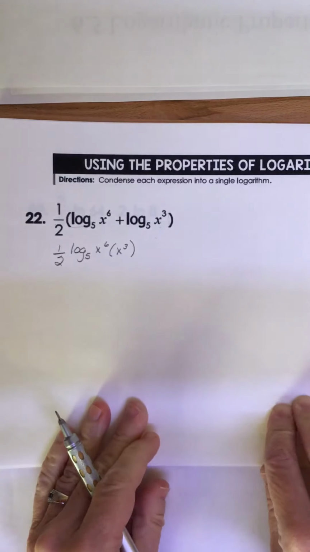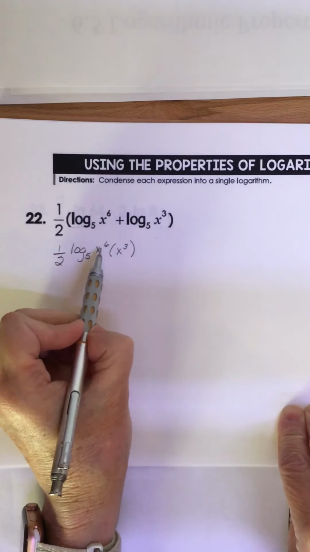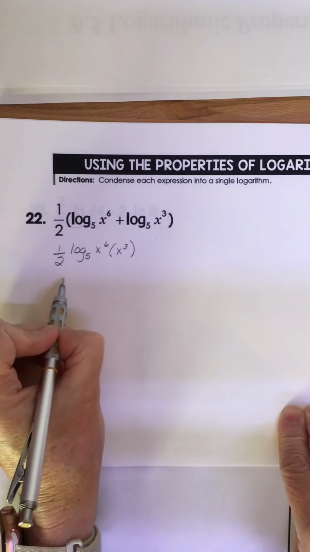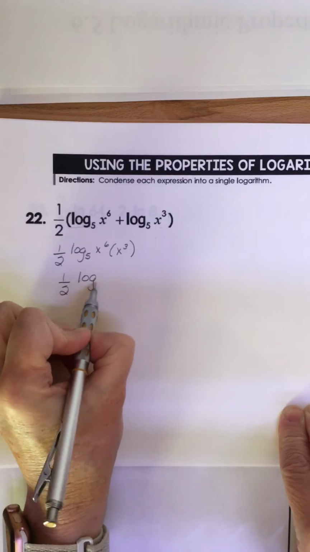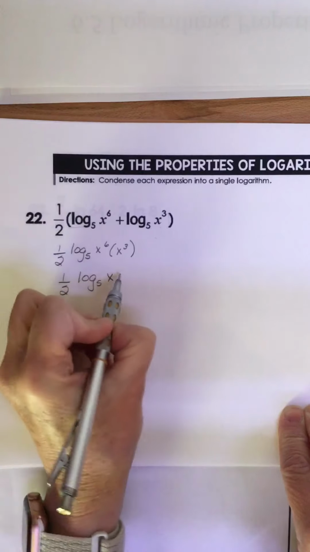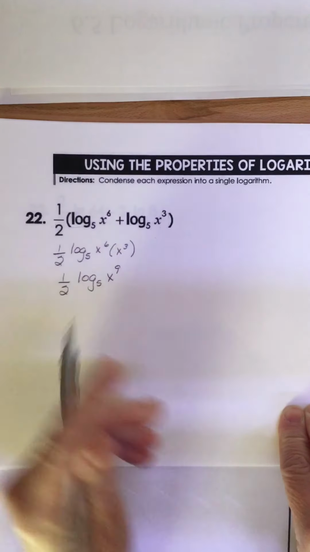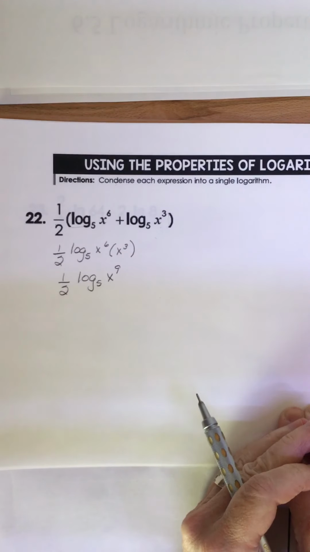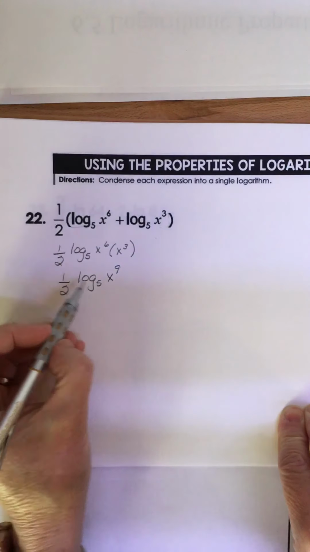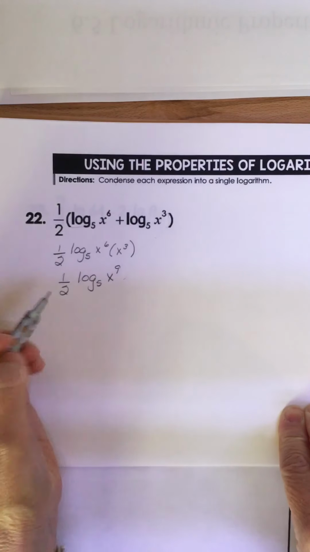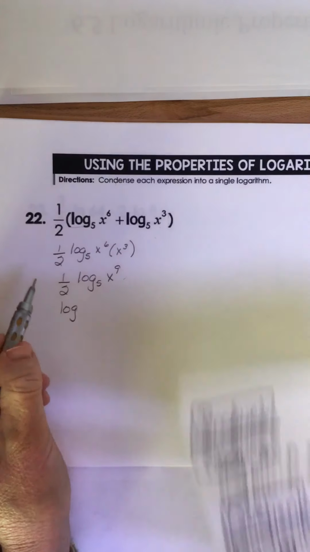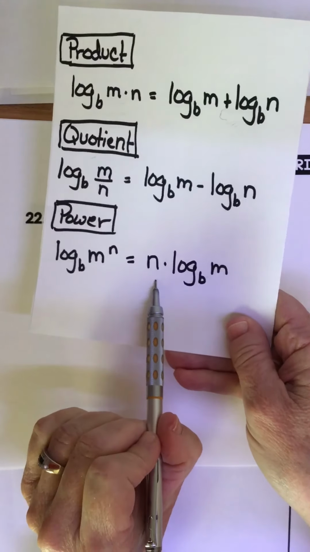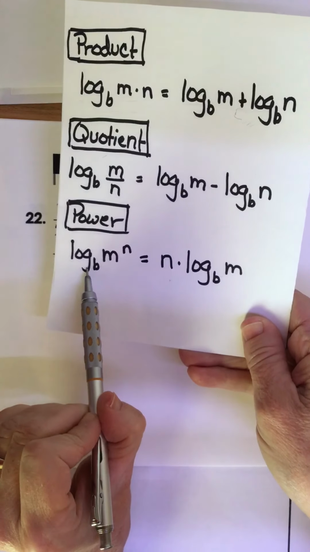All right, and I'm not going to do that step anymore. You guys should be able to know that by now. So we have 1/2 log base 5 of x to the 9th power. Okay, and so now we're going to use the power property, where we're going from here to here.